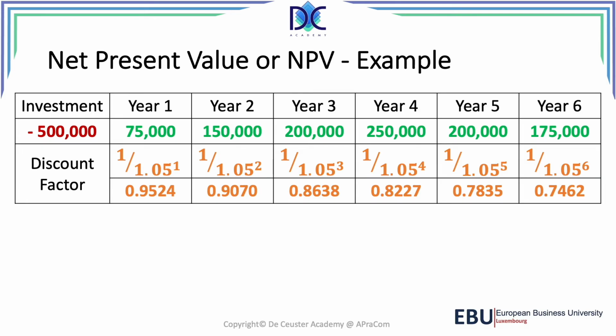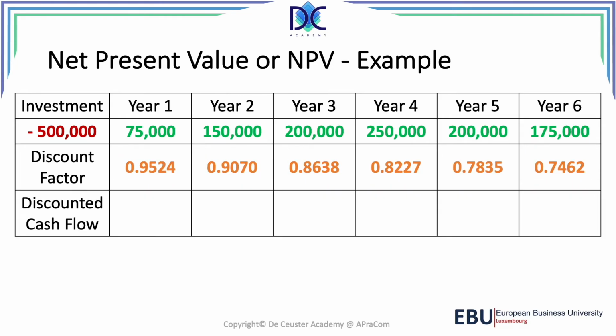So we see the 6 relates to the year that I'm considering. For year 1, the discount factor is 0.9524, while for year 6, we have 0.7462. So you see that it's gradually going down, and the farther we go in the future, the lower that discount factor will be.